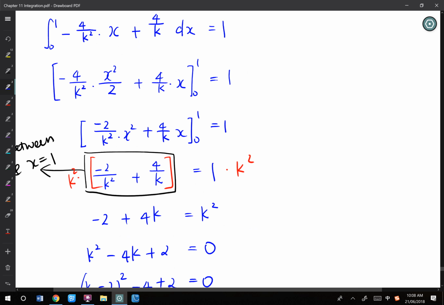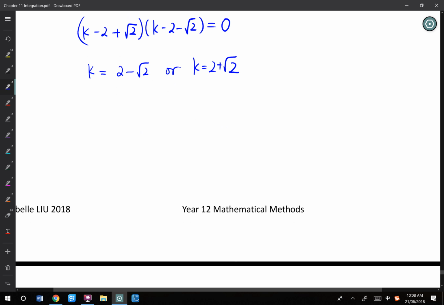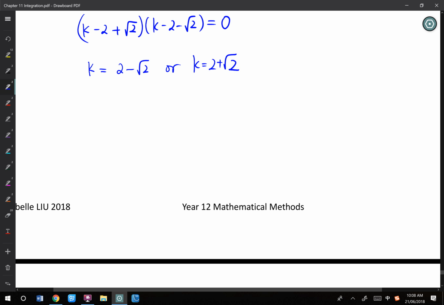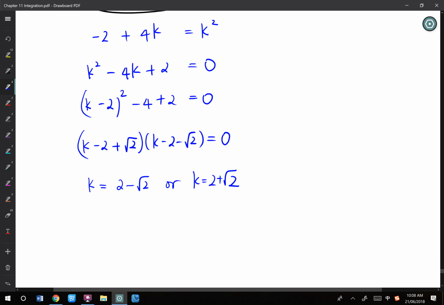Even though it says k greater than 0, my k is all greater than 0. 2 minus 1.4 is greater than 0, and 2 plus 1.4 is greater than 0 as well. So my k can be two different numbers. The solving is interesting here. You should know to get rid of the denominator, times by the common denominator, and then we can see an equation we're familiar with.